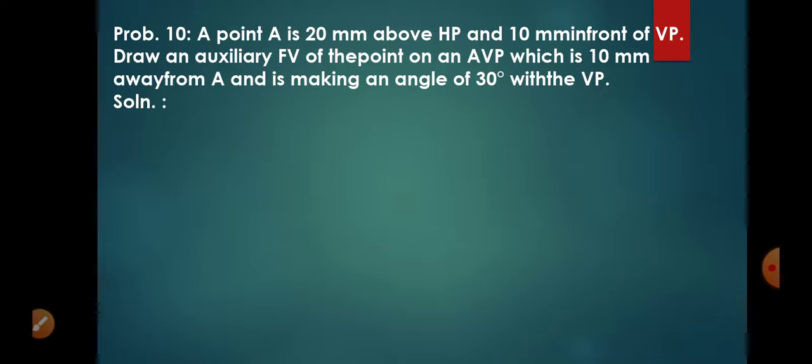Draw an auxiliary front view of the point on the AVP, the auxiliary vertical plane, which is 10 mm away from A and is making an angle of 30 degrees with VP. See here the solution.